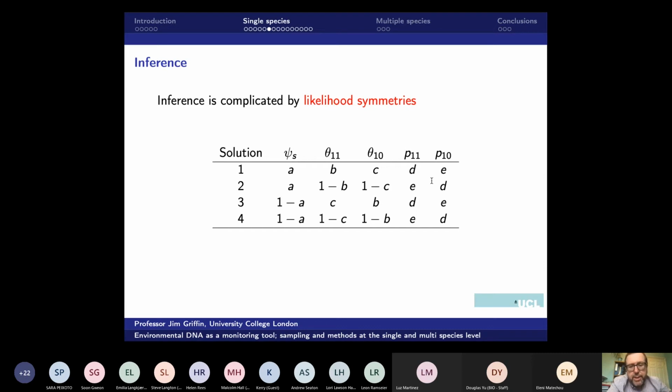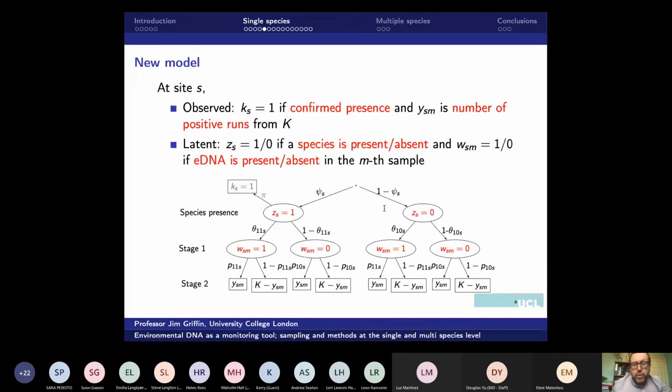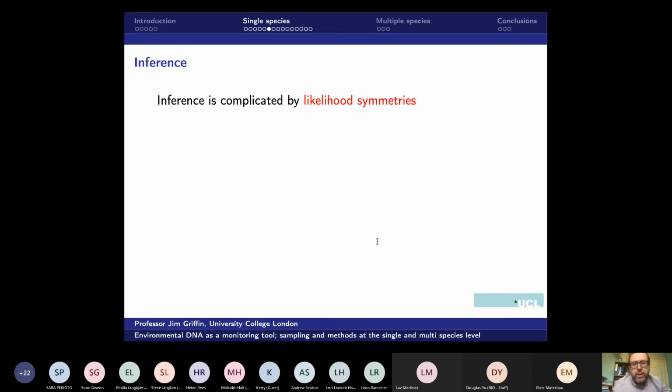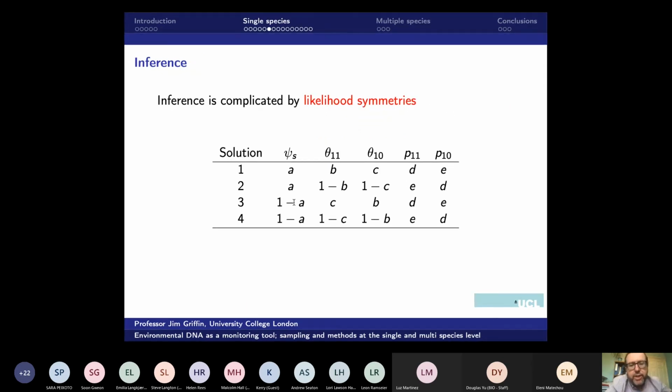But I can also start swapping around parts of the model. Because this model looks basically the same down any arm, I can swap the θ1,1s with the θ1,0s and not really change anything. All I change is the interpretation. And that's what these different solutions are.